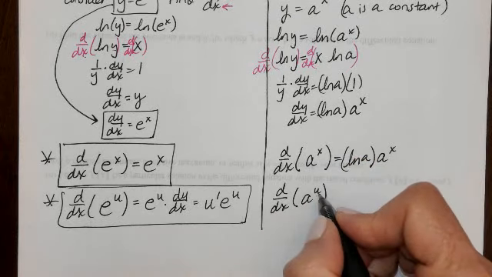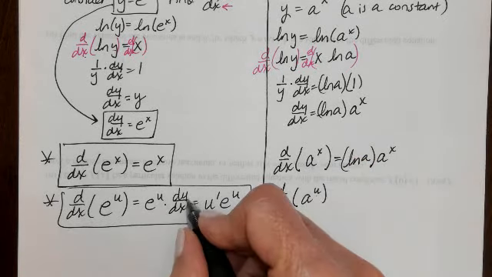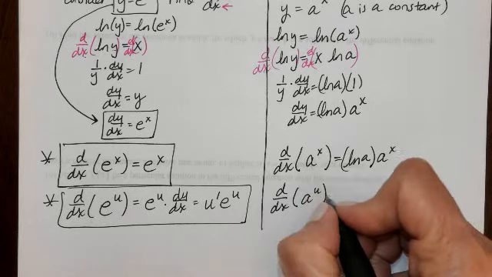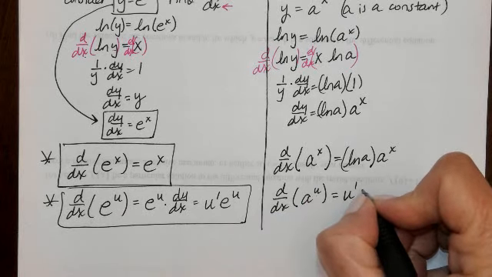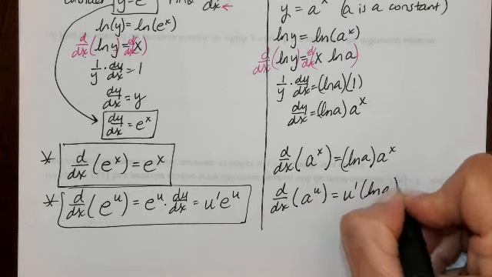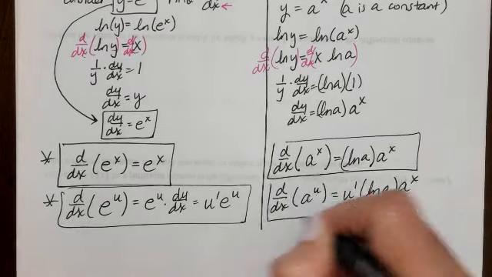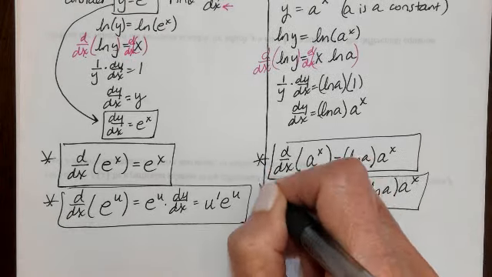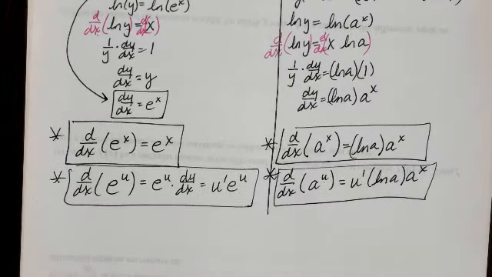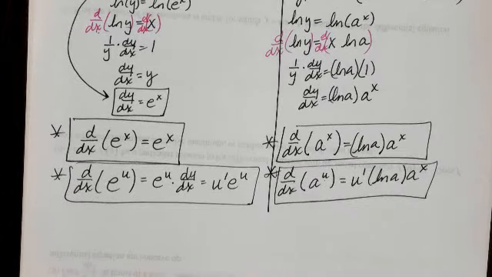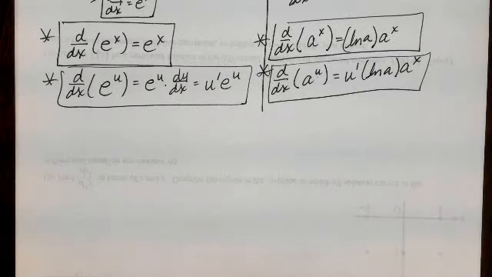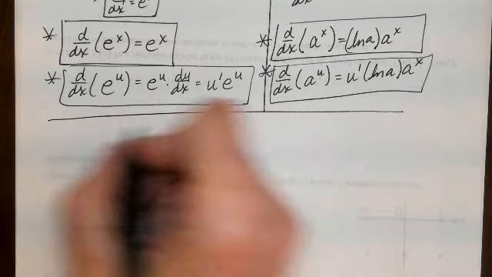Same thing, except at the end you'll have a u prime or a du dx. So I'm going to write the u prime out front, ln a to the x. All right? Things to know. Put it in your memory banks. Okay, let's look at some examples.